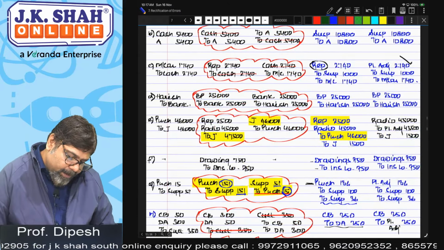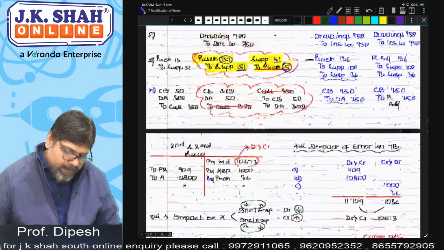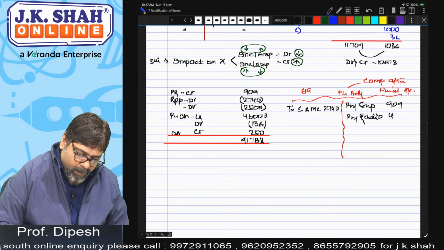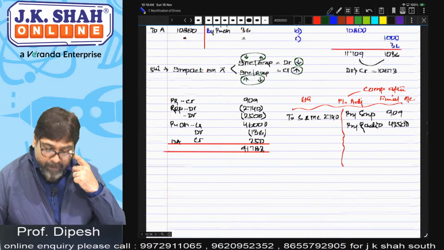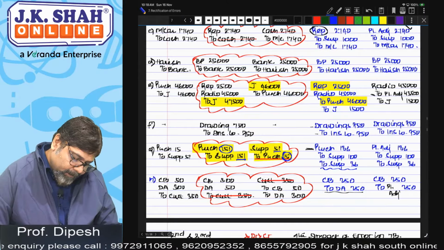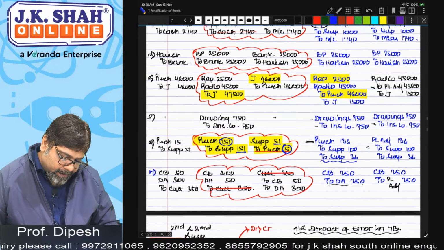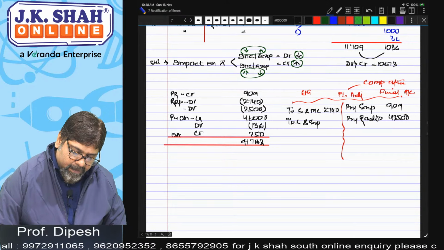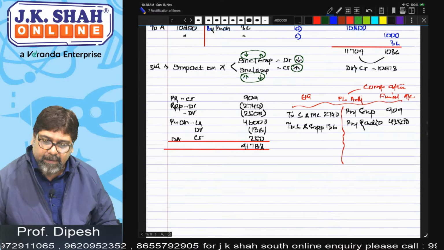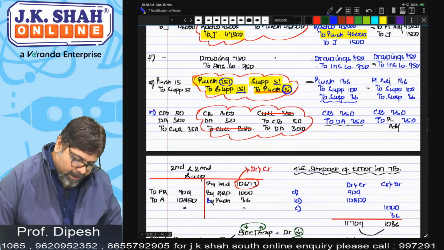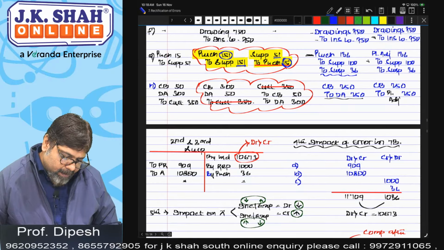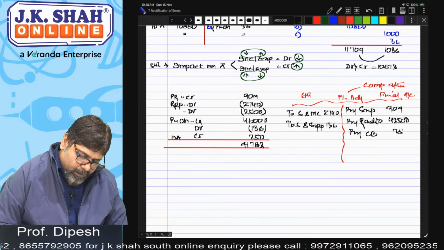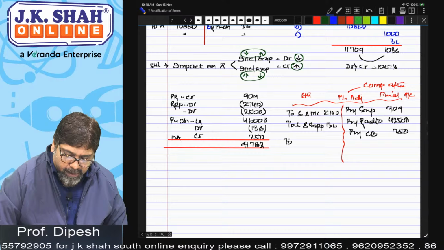Correct? No. PL adjustment credit 43500, by radio 43500. This will not come. PL adjustment debit 136, to suspense and suppliers 136. Correct? Yes. Cash bank to PL adjustment: PL adjustment by cash bank 250. Now, chartered, tell me to capital how much?